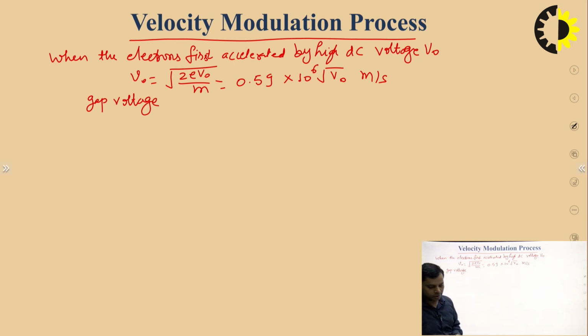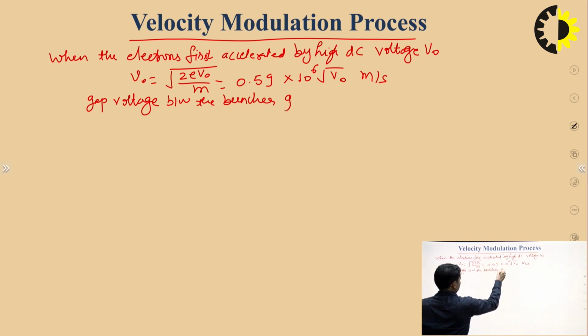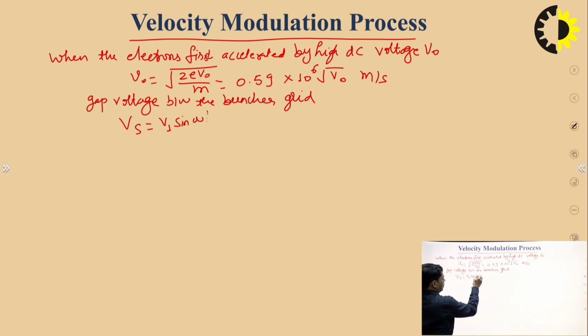So the gap voltage between the buncher grids, Vs, is given by Vs equals V1 sin omega t. V1 is the amplitude of the signal, and V1 is much less than V naught, which we will consider here.